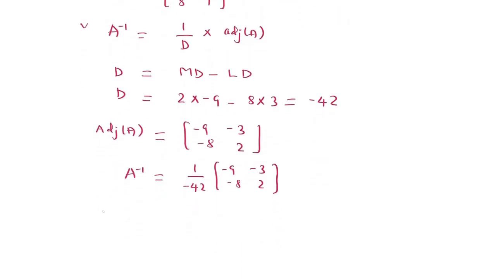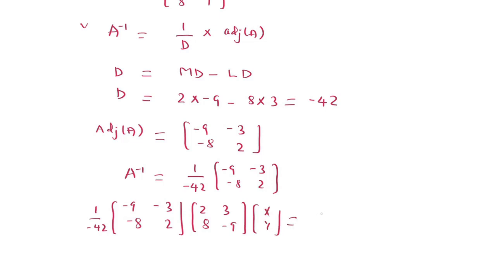We are going to have 1 over -42 times [-9, -8; -3, 2] times [2, 8; 3, -9] times [x, y] equals 1 over -42 times [-9, -8; -3, 2] times [2, 1].